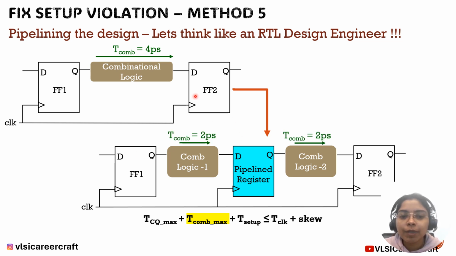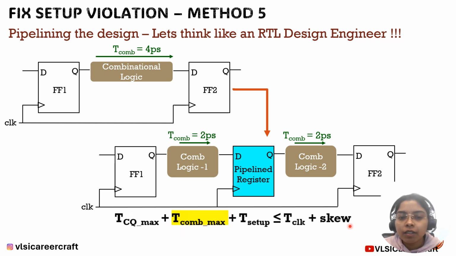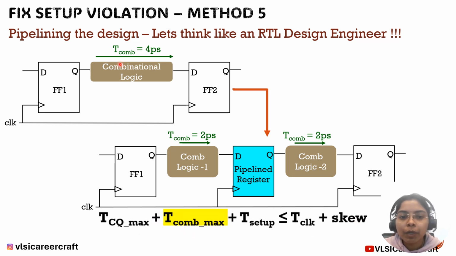When I split this into two, let's say each combinational logic now has 2 picosecond delay, which is enough to satisfy this equation. So this is nothing but pipelining the design. This pipelining helps us to reduce the combinational logic and fix the setup violation.